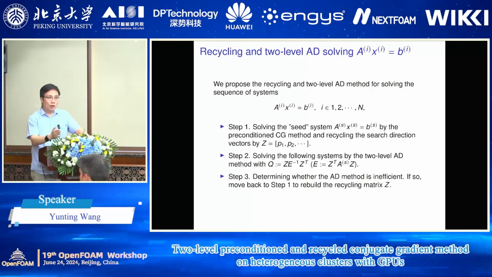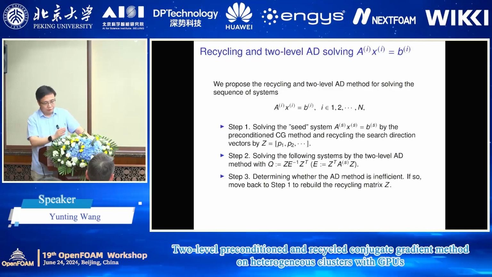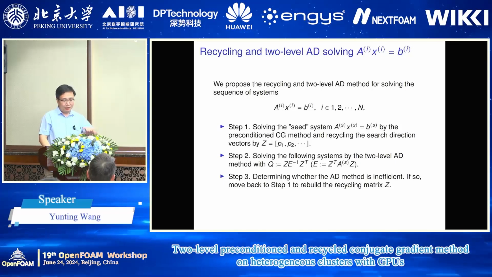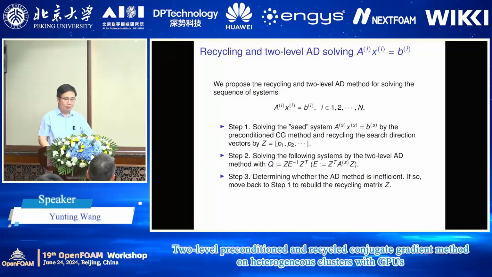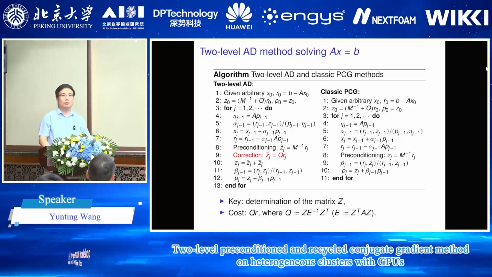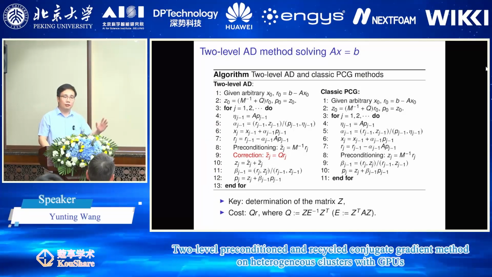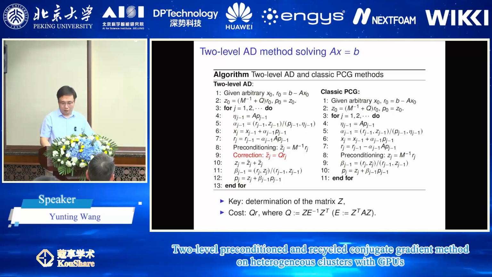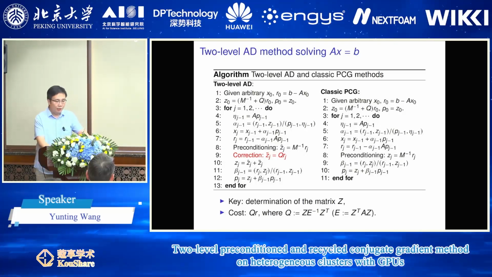We move forward to the following systems, and we use this Z matrix to build our correction matrix Q. Then everything is known, and we have this two-level AD method, and we solve the second, the third, and continuously, hopefully, more and more systems.